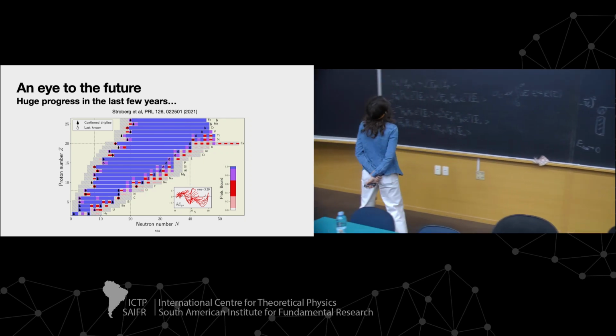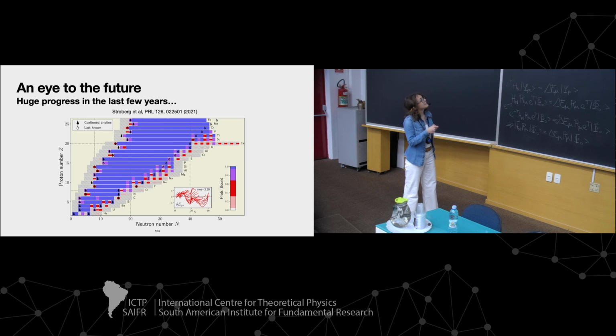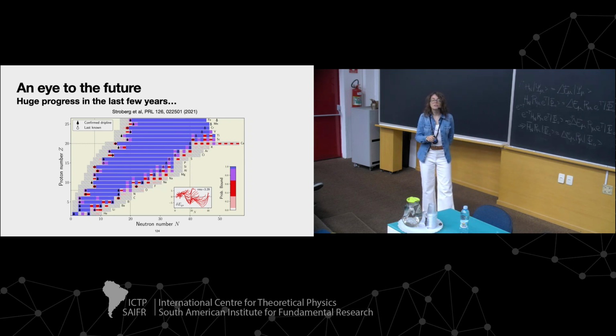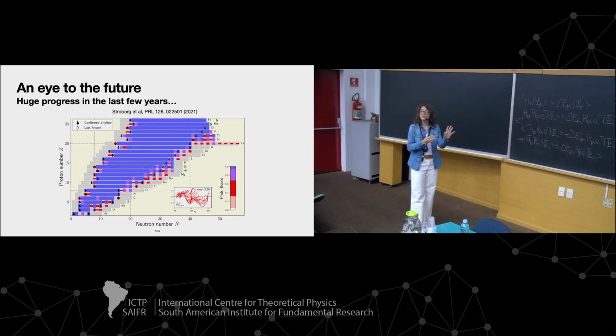We have actually made very good progress in ab initio theory in the last few years. This is a work which is not coupled cluster; this is in-medium SRG and valence-space in-medium SRG. They calculated 700 isotopes going from helium up to iron, and comparing their theoretical predictions for separation energies to experiment, they give probabilities for the existence of neutron-rich nuclei on this side.